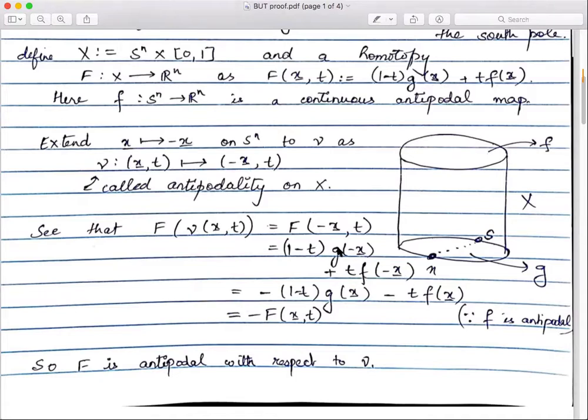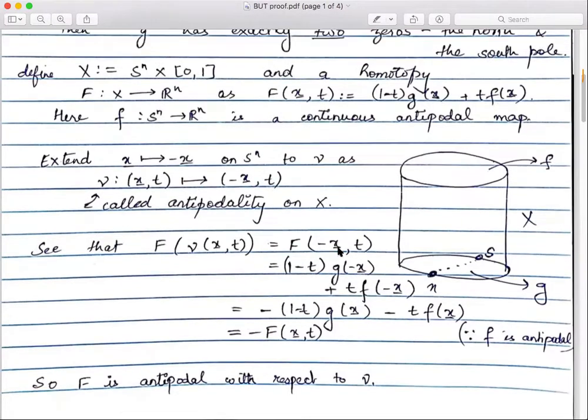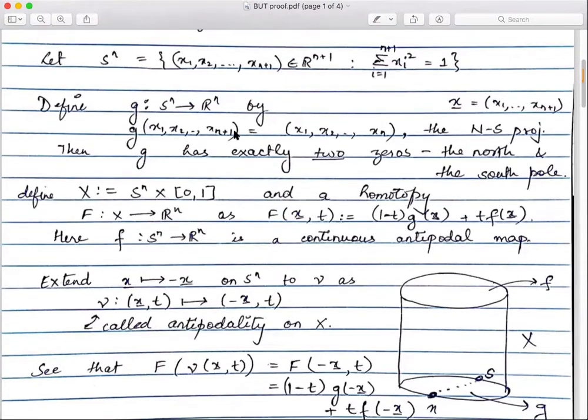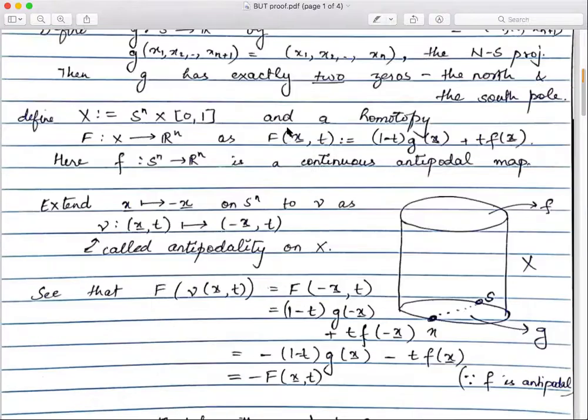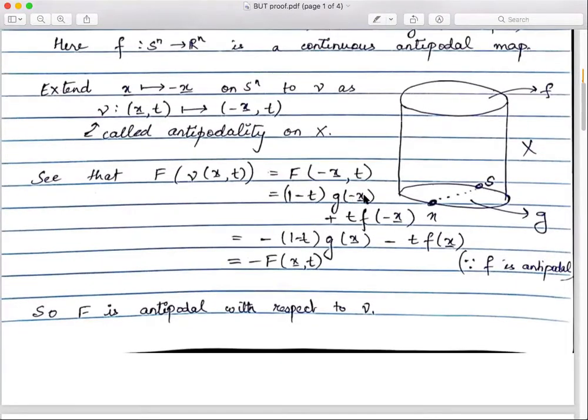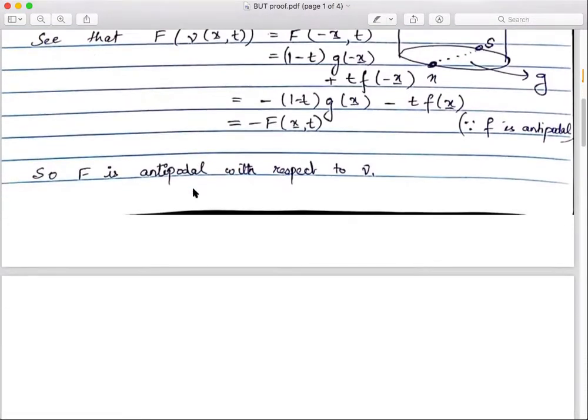Since g is antipodal, you can check clearly that g of minus x is minus g(x), and f is given to be antipodal, so f of minus x is minus f(x). So this entire expression is nothing but minus F(x, t). So F is also antipodal with respect to this map nu, which was the antipodality on X.